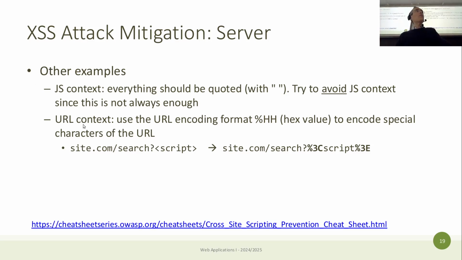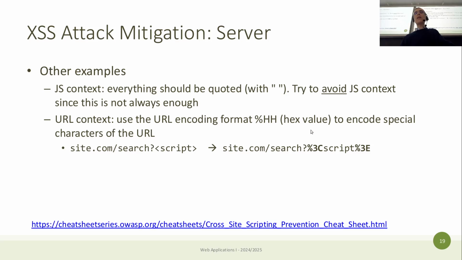If you're dealing with URLs, try to avoid dangerous ways of writing the URLs. If you have special characters like the ones that are typically subject to escaping, use the URL syntax to escape those values.